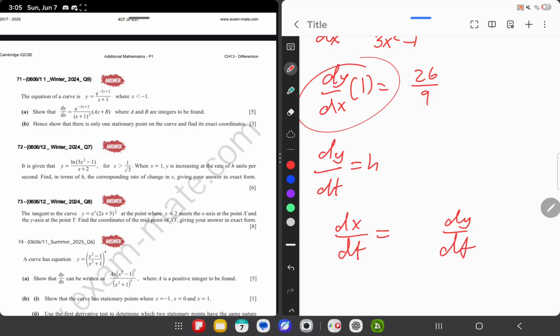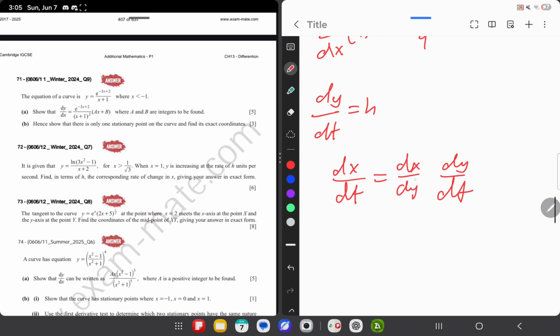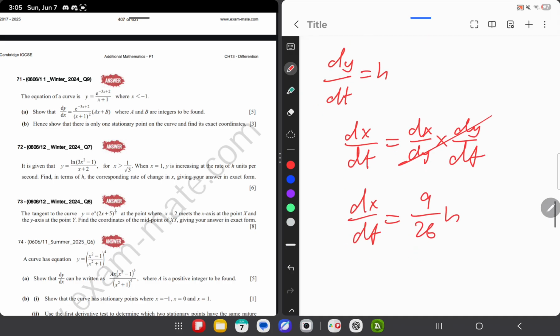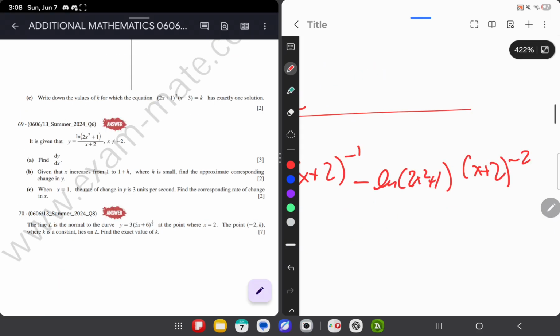We know that dy/dx at 1 is 26 over 9. If you flip this, what do you get? dx over dy. So you can cancel it out and get dx over dt is equal to 9 over 26 each. Very good.